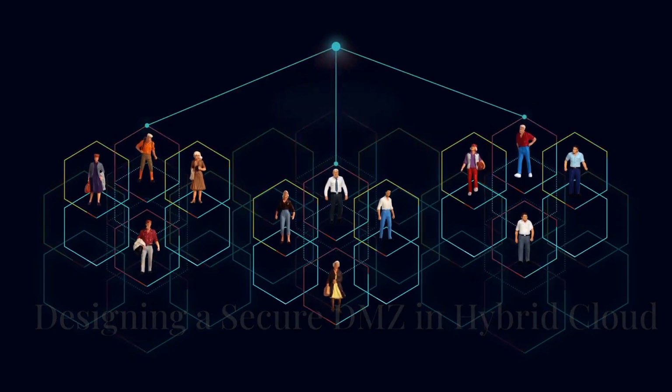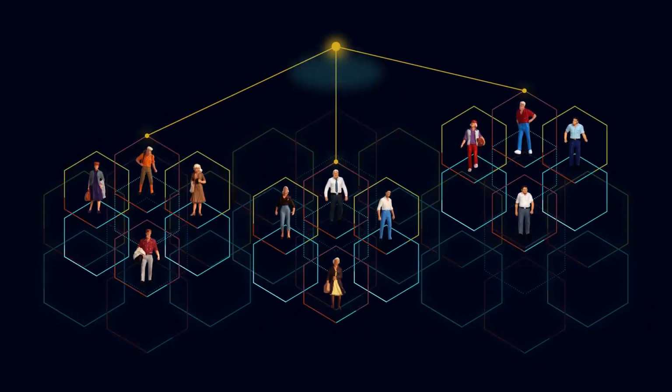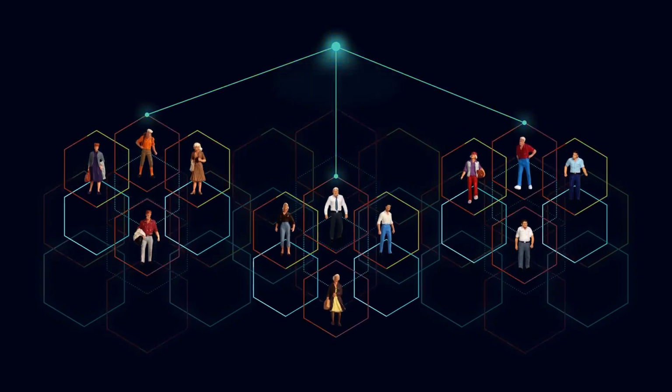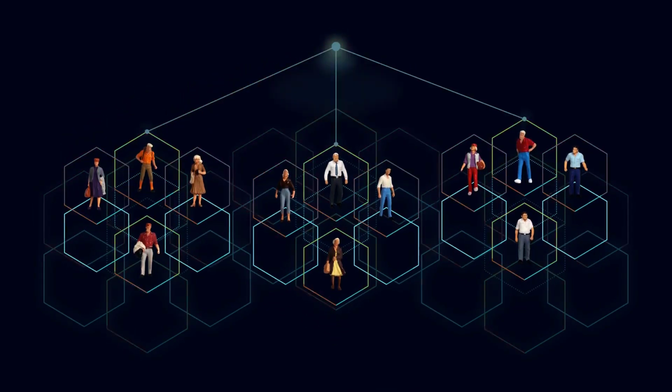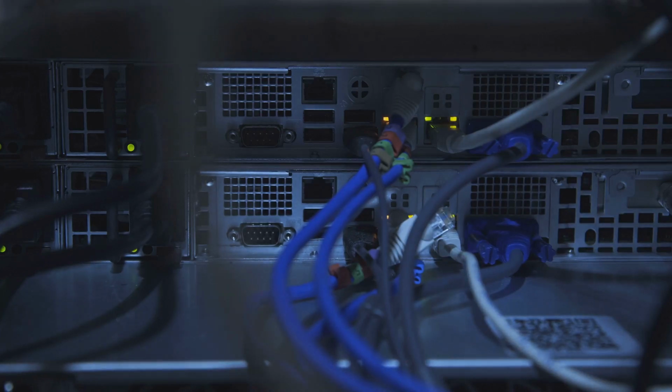Question: how do you approach designing a secure DMZ in a hybrid cloud architecture? When designing a secure DMZ in a hybrid cloud architecture, I take a multi-layered approach. First off, with network segmentation, I establish clear boundaries between the public-facing DMZ, the private internal network, and any cloud-hosted resources.